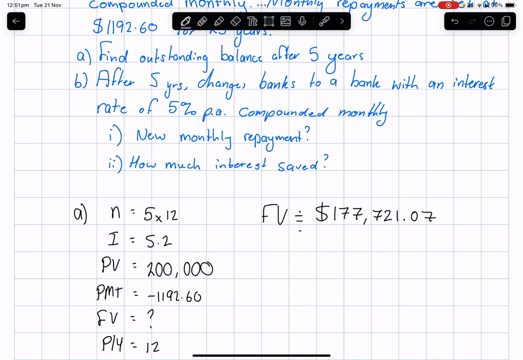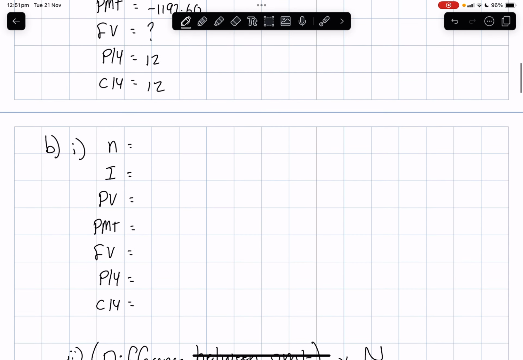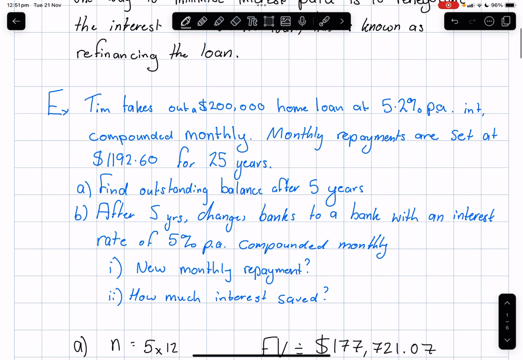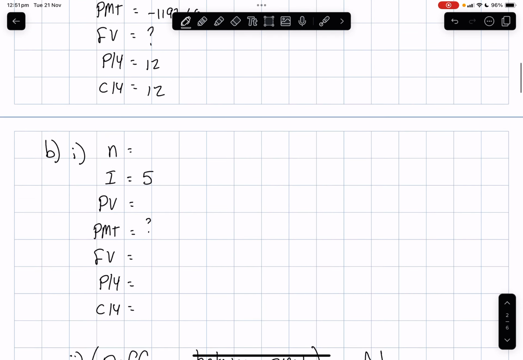Part B was the change in our interest rate. So my interest rate has become 5, and we want to work out my new PMT. Originally the loan was for 25 years. We've now done 5 years before this point, so I have 20 years of my loan remaining, times 12 months.